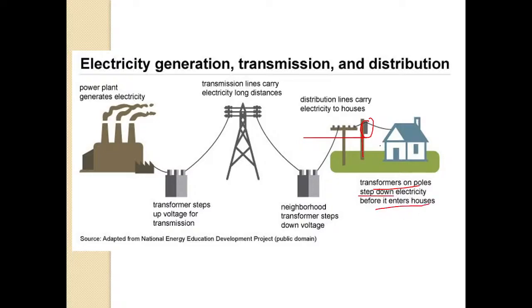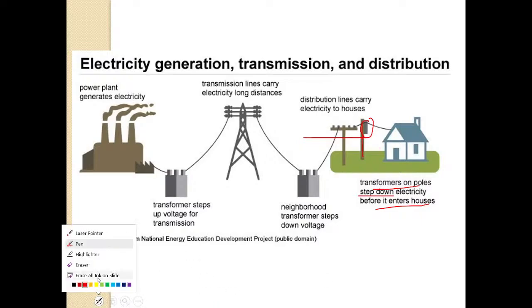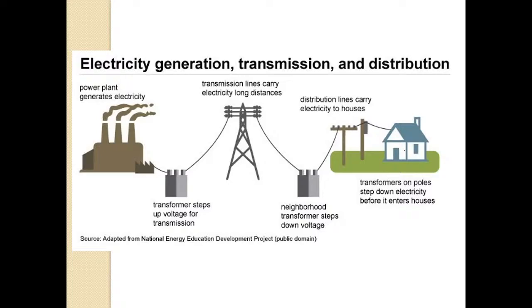Nearby to our houses, if you go out of your house, somewhere nearby to your location, transformers will be there. The purpose of those transformers is to step down the voltage.